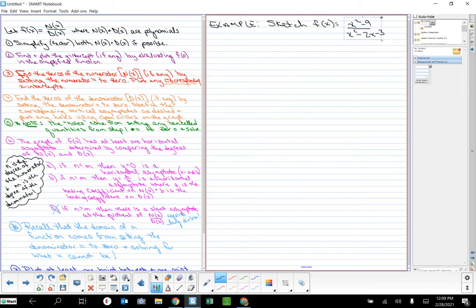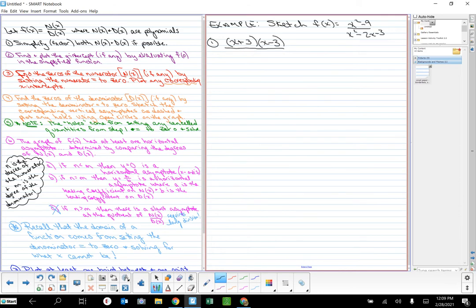All right, so step 1, and I'll try to follow along in colors here, says factor both numerator and denominator if possible. So my numerator here is x squared minus 9, which is a difference of squares. So that's going to be x plus 3, x minus 3.